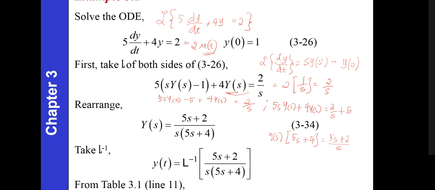Our target here is to get the output, which is Y(s). So we have Y(s) on the left side, then transfer this to the right side. That will become 5s plus 2 over s divided by 5s plus 4. So that is the result.